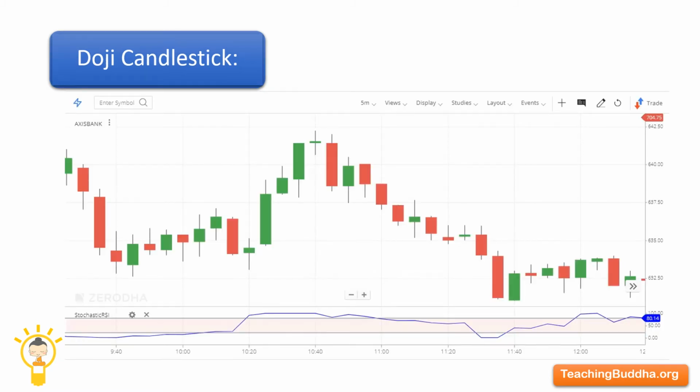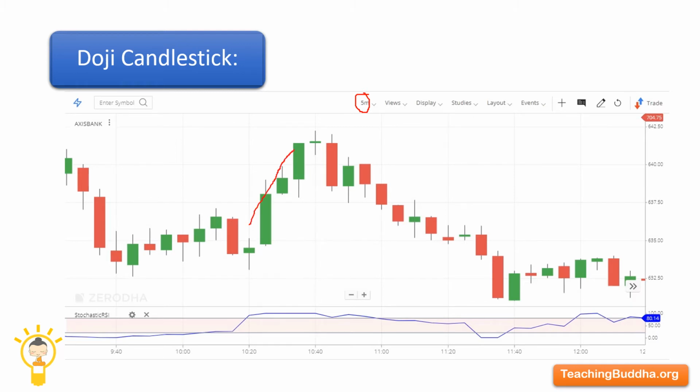This is a doji candlestick example, Axis Bank chart. This is a 5-minute chart, you can see here. Here in this chart, there is an upper trend going this way.